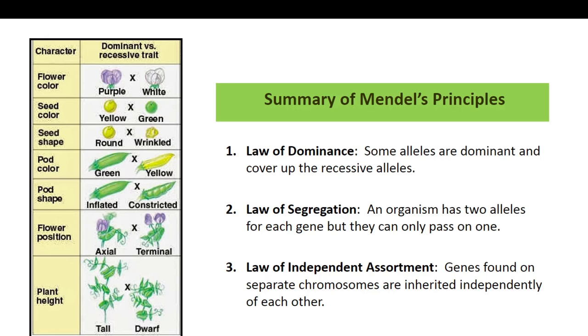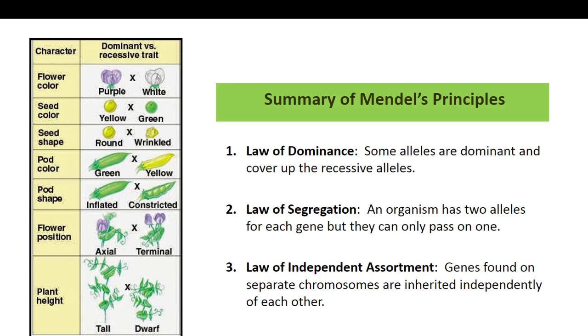So if you have the alleles of both tall and dwarf, the tall phenotype will overcome the dwarf phenotype and you will see the plants are tall. This is the law of dominance.